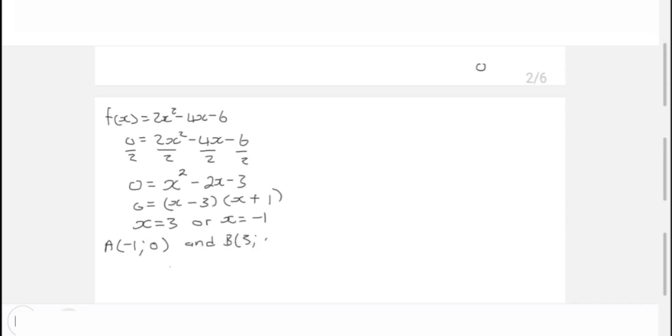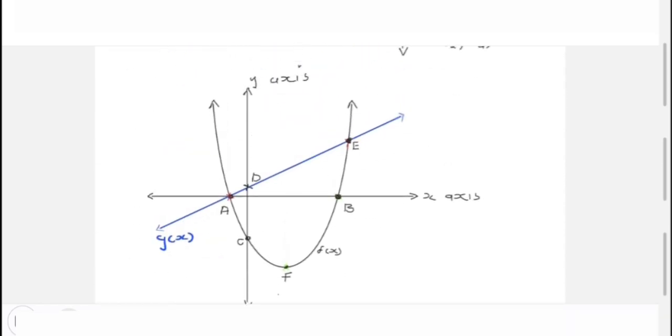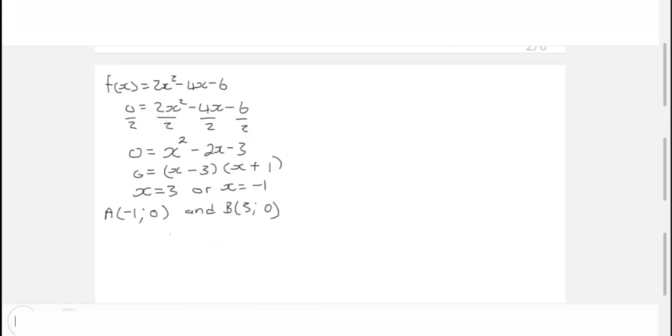It will be 3 and 0. Now let's go ahead and find c and d, which were y-intercepts respectively, d being the y-intercept for the g function and c being the y-intercept for the f function.